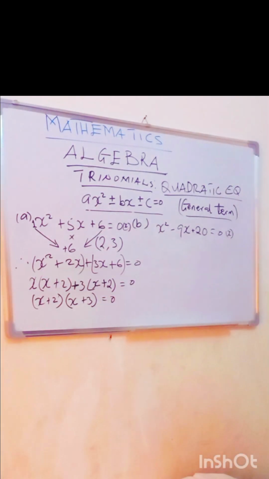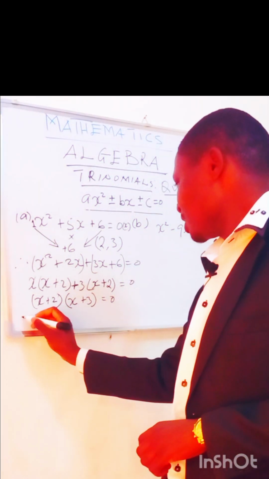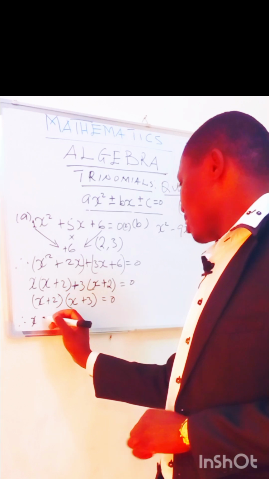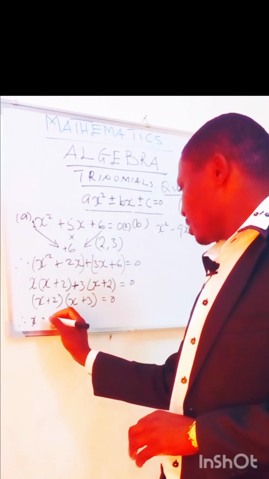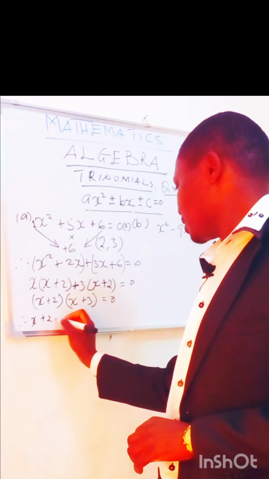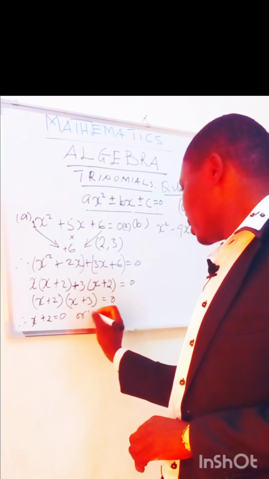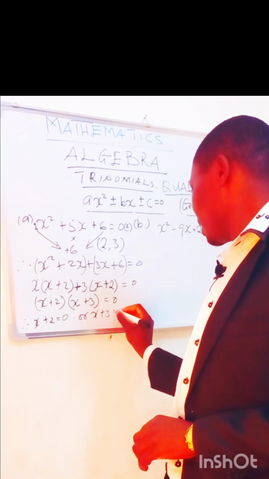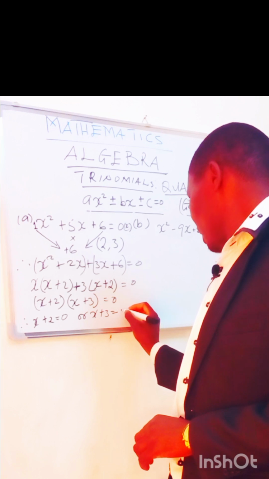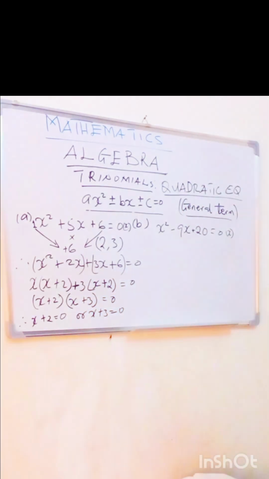In this case we are able to find the values of x. Therefore x plus 2 equals to 0, or x plus 3 equals to 0.